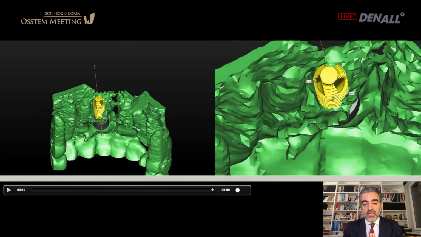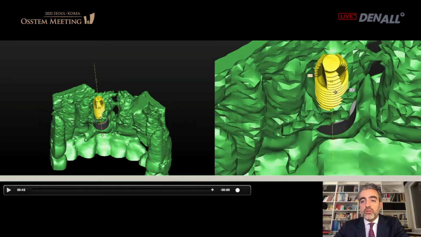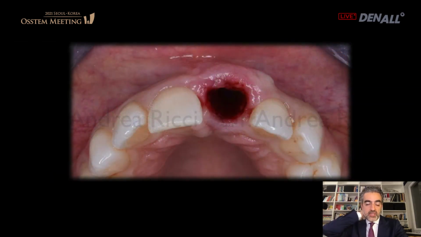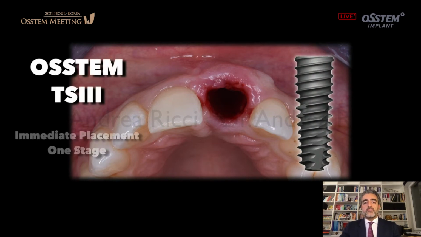Without navigation, without a surgical guide, it is impossible to deliver a precisely positioned implant. In this case, I extracted the tooth and decided to place an Osstem TS3 implant with immediate placement after extraction and a one-stage approach.